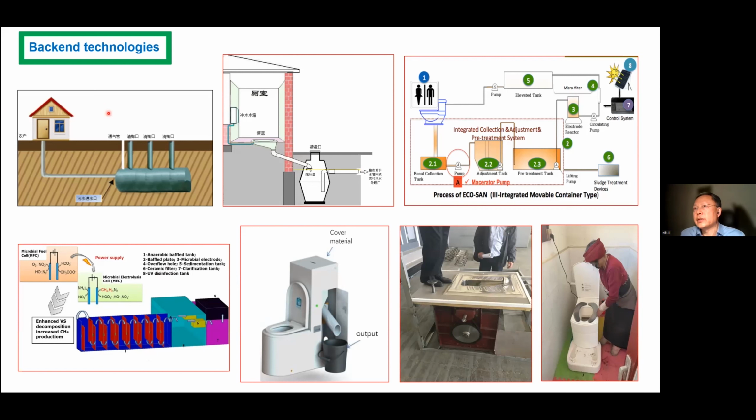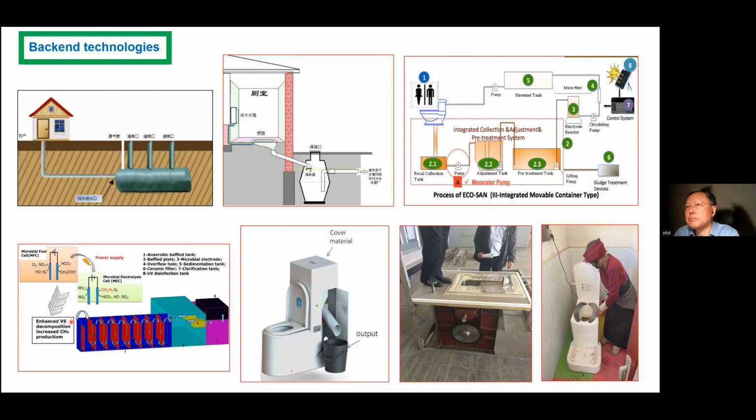All this is treated underground, and we also have an electrochemical process. This is a joint program and technology developed from Aquatic and one team to develop this MEC process for black water treatment.